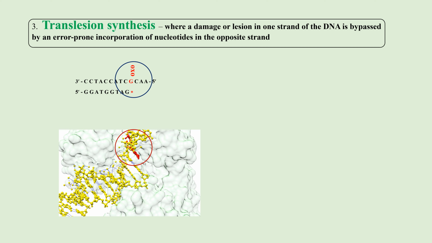Now, normal DNA synthesis on the growing complementary strand would stop at the abnormality or lesion, as shown by the red dot. However, translesion synthesis would incorporate an incorrect nucleotide at the site and let normal synthesis continue downstream.